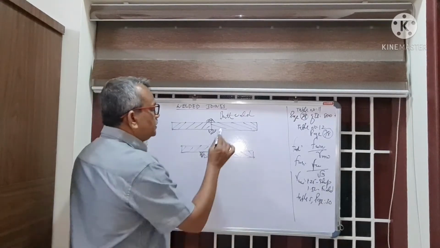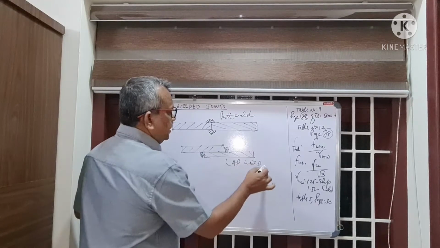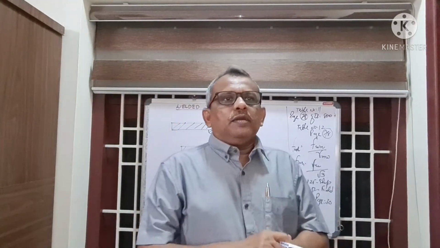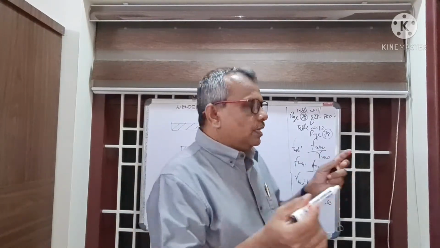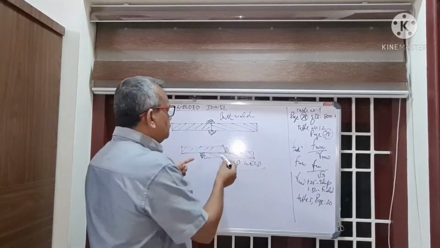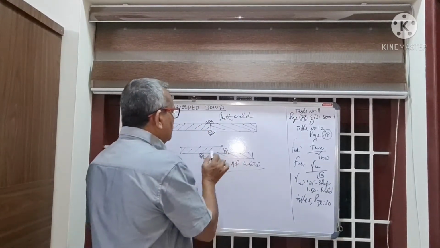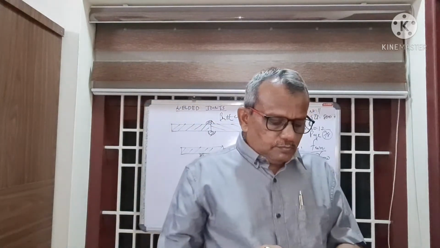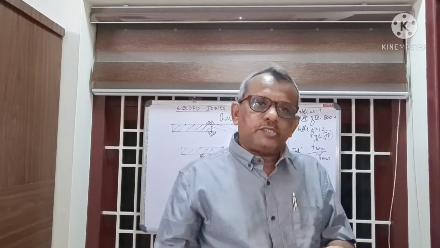This is known as a lap weld. So this is a permanent joint in which the two plates are placed together either end to end or as a lap, and these two plates are joined by means of welding, right? Now when we use these welded joints, it's a permanent joint.